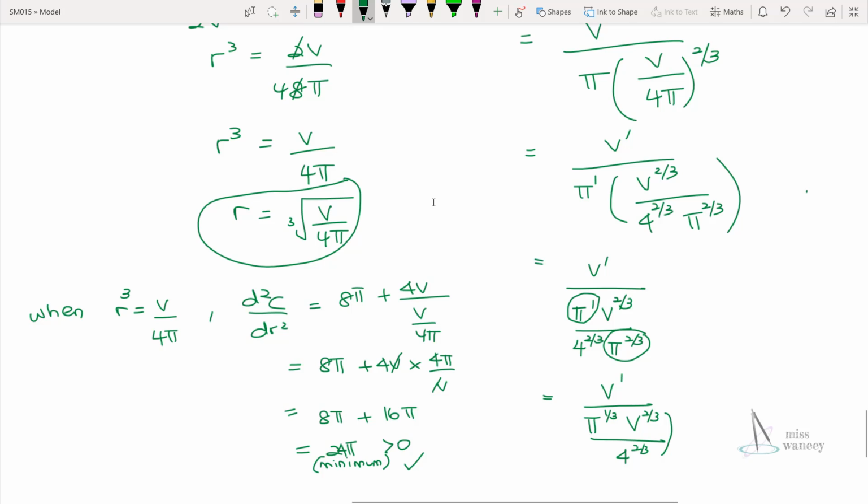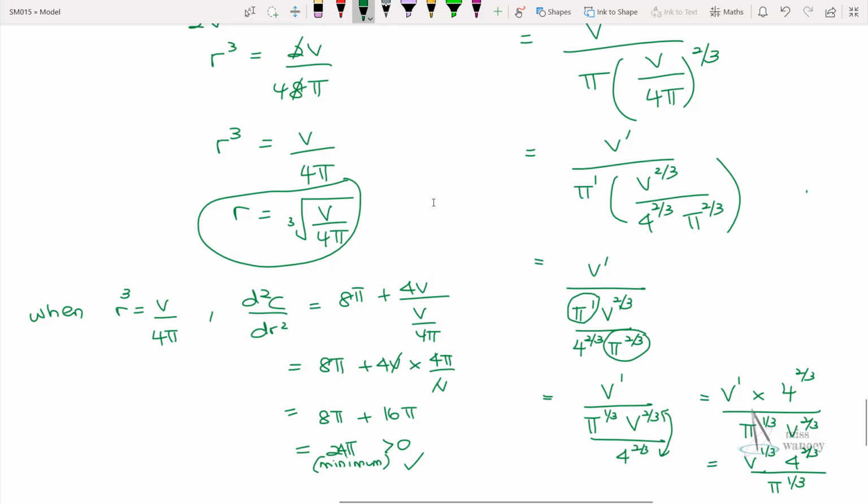Since this is simply a fraction, I'm going to take the reciprocal, so this is V times 4 to the power of 2/3 over π to the power of 1/3 V to the power of 2/3. So I'm going to simplify this, so it will become V to the power of 1/3, 4 to the power of 2/3 over π to the power of 1/3.